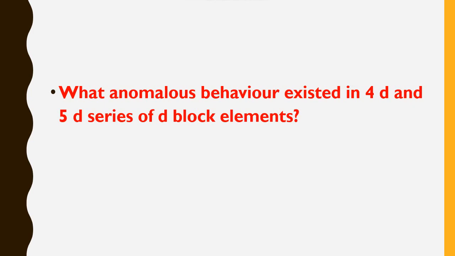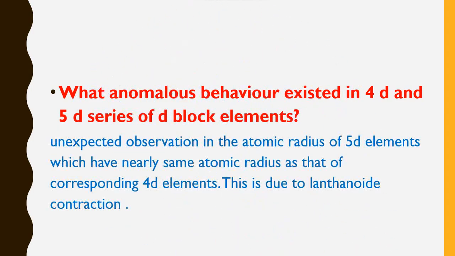Okay, now we see the answer. The unexpected observation is in the atomic radius of 5D elements, which have nearly the same atomic radius as that of the corresponding 4D elements. So 4D elements and 5D elements have equal atomic radius.